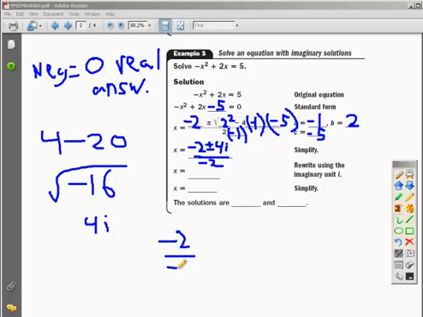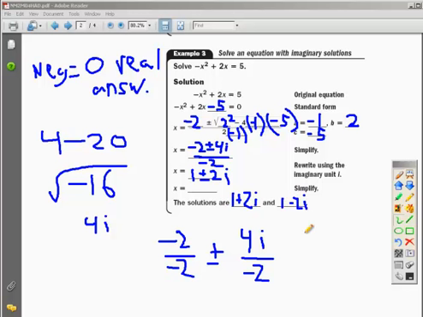Negative 2 over negative 2 plus or minus 4i over negative 2. That results in 1 plus or minus. Now the negative sign won't matter here because it's plus or minus, so it just becomes minus or plus. 1 plus or minus 2i. Those are my answers. 1 plus 2i and 1 minus 2i. That gives me 2 solutions there.